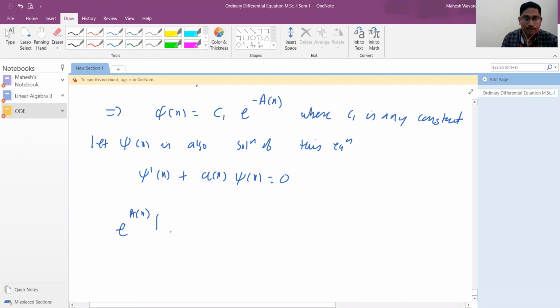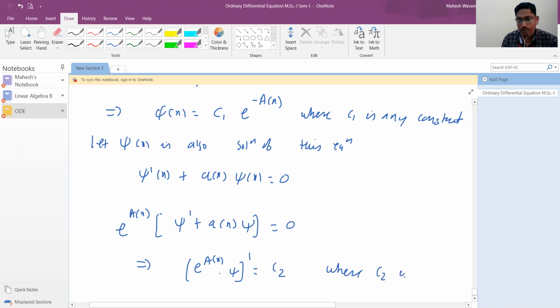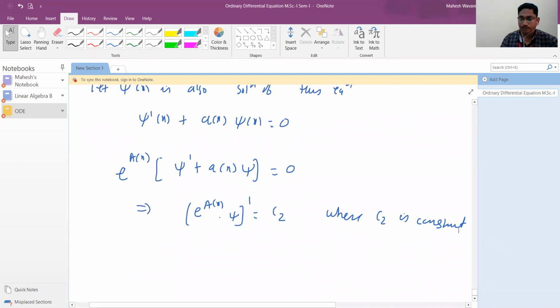What is capital A of x? Capital A of x is the term whose derivative is small a of x. So this equation becomes e to the power A of x into psi's derivative is equal to a constant, where c2 is the constant of integration. Now you can write what is psi.